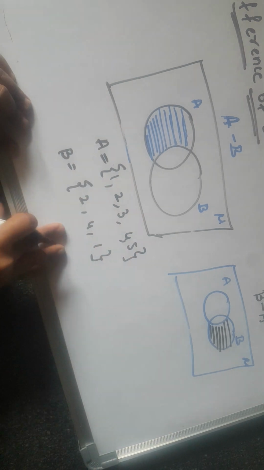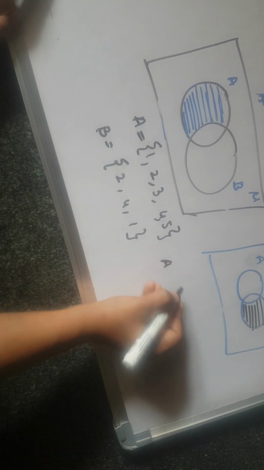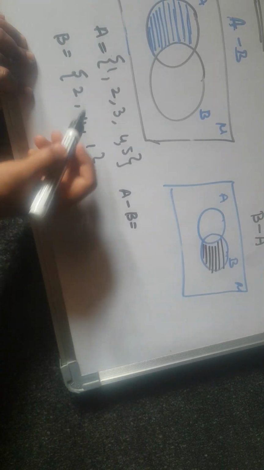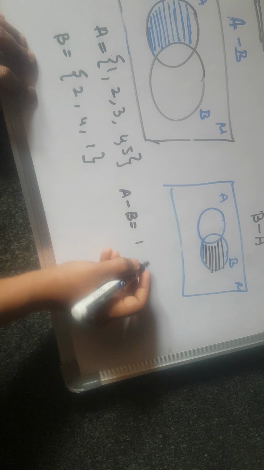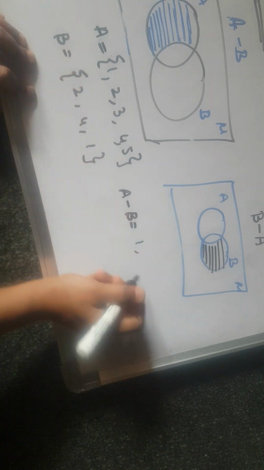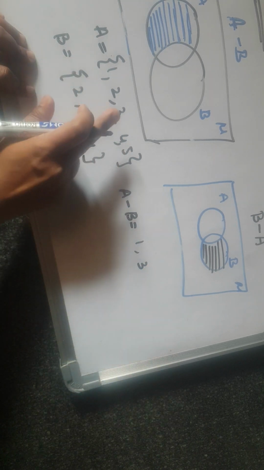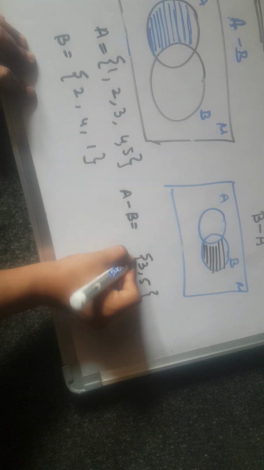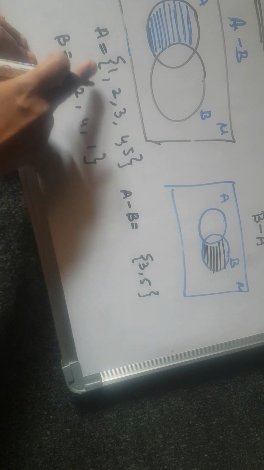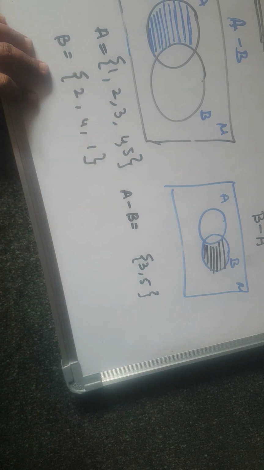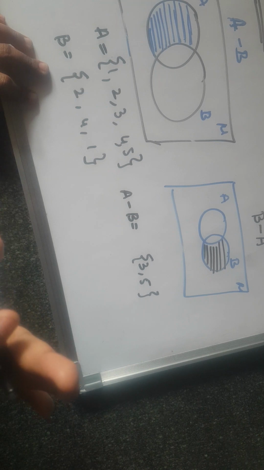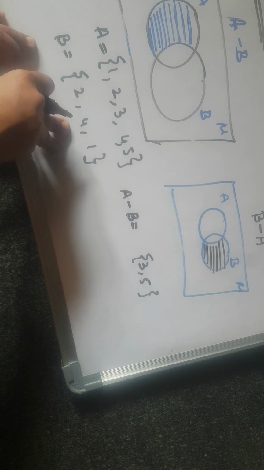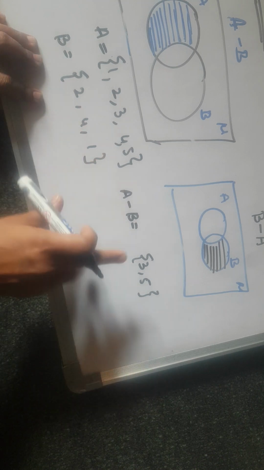If you want to take A minus B, then what are the elements you have to take? 1 is present in B, so don't take 1. 2, 4, 1 are present in set B, so you should not take them, but you have to take 3 and 5. 3 and 5 are not present in B, so you have to take 3 and 5 only.